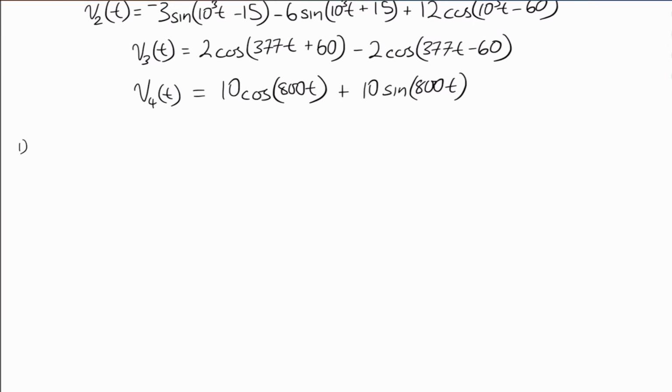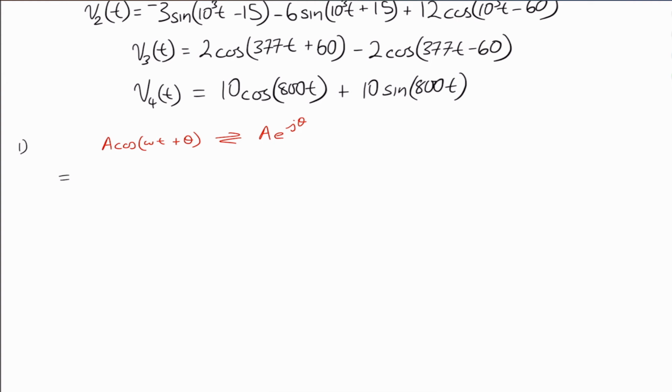So our first property we're going to use is that x of t equals A cosine of omega t plus theta in the phasor domain is equal to A times the complex exponential e to the j theta.